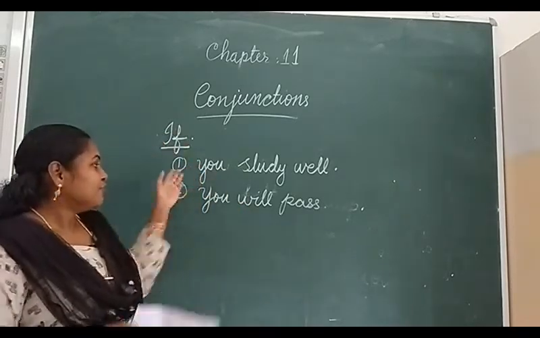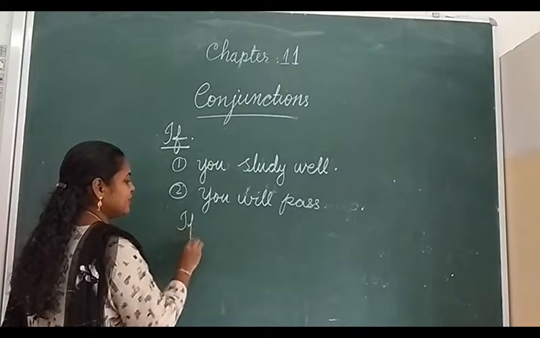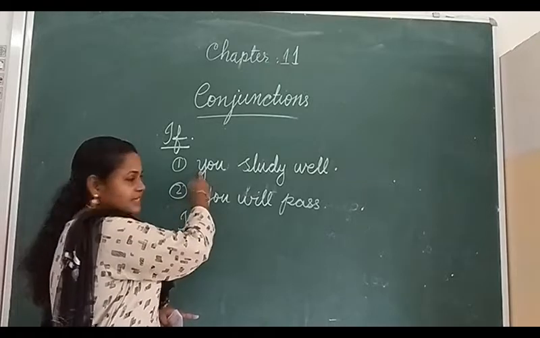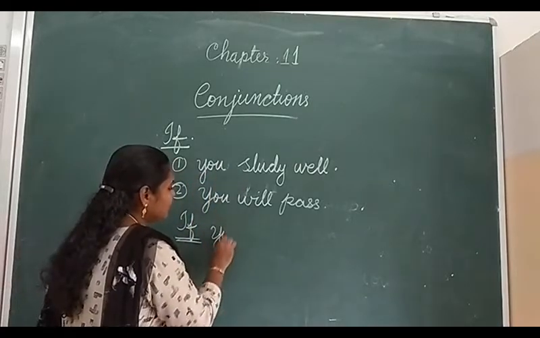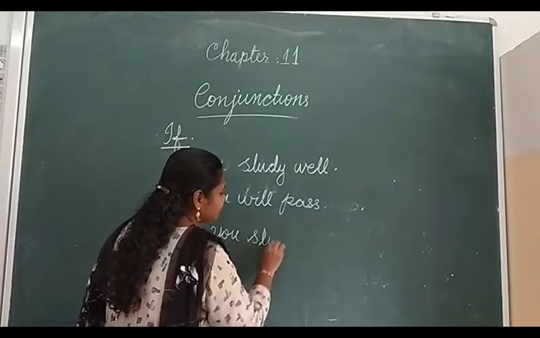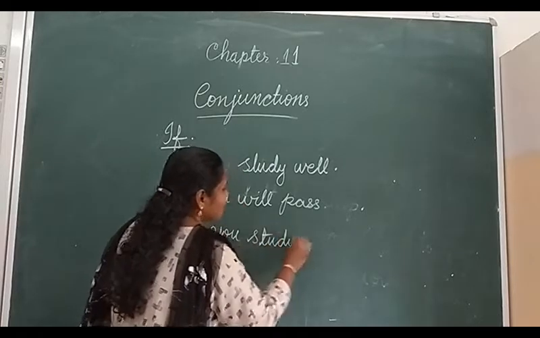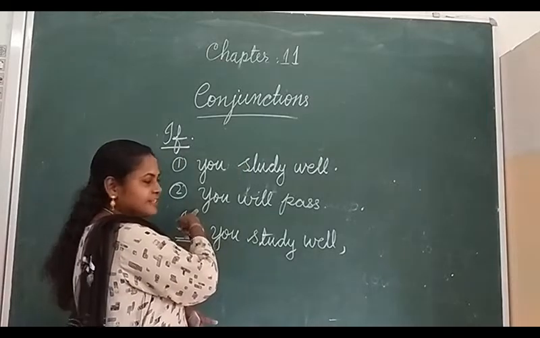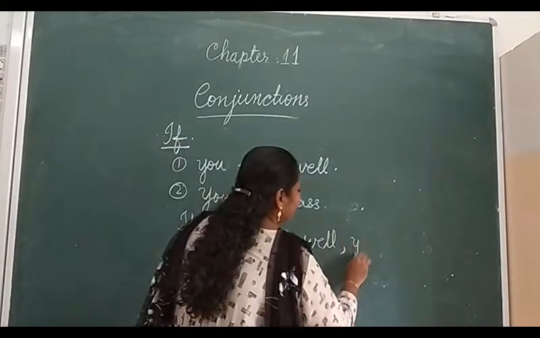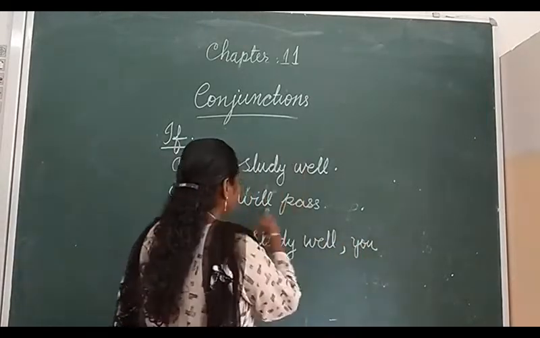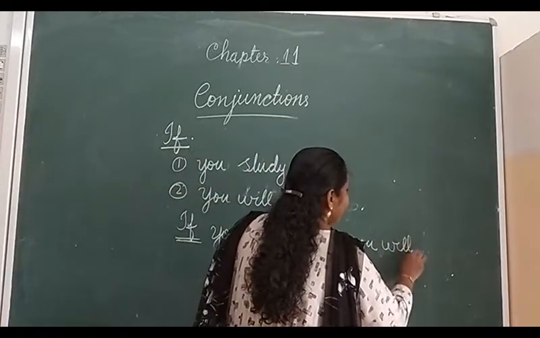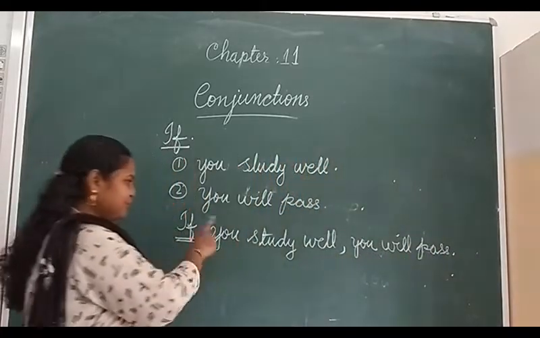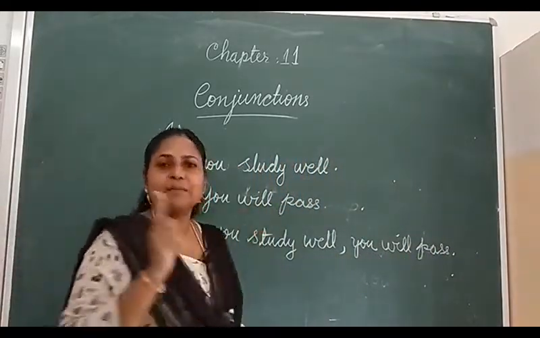So we place this conjunction if in the beginning of the sentence, and after that take the first sentence, you study well, with a comma, then add the next sentence, with a small letter, you will pass. Okay, if you study well, you will pass.